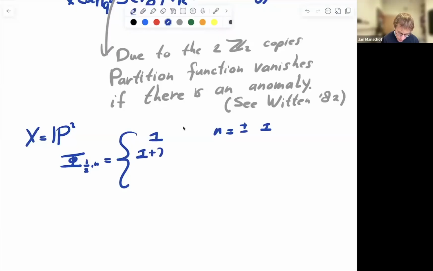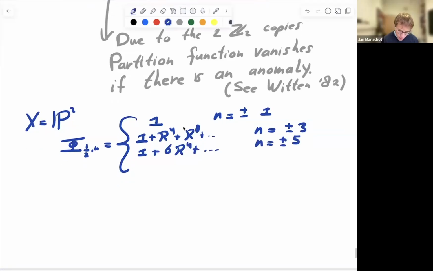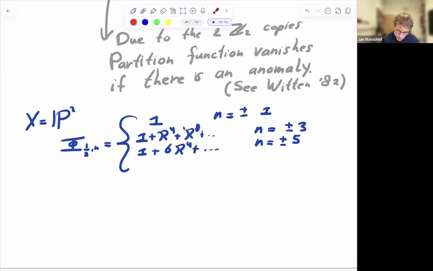Power series 1 plus r to the 4 plus r to the 8, just coefficients 1, for n is plus or minus 3, 1 plus 6r to the 4, etc. for n is plus or minus 5. And for all the even numbers, we have an anomaly, but then it vanishes because of the previous comments I just made.